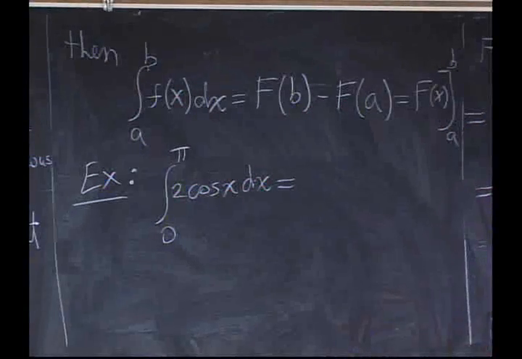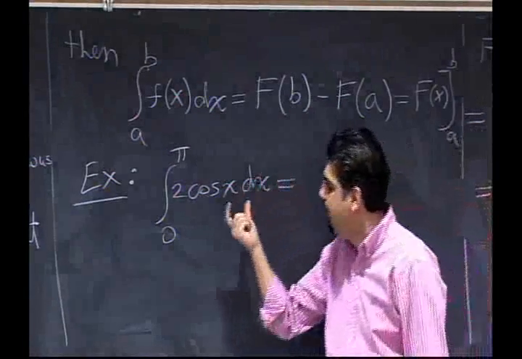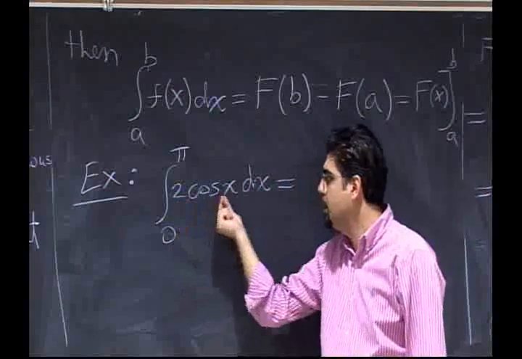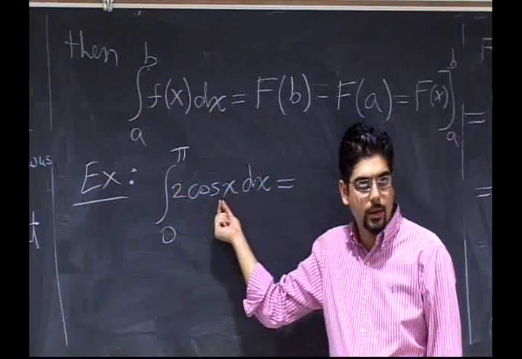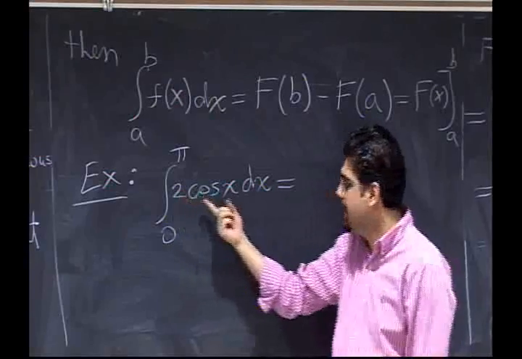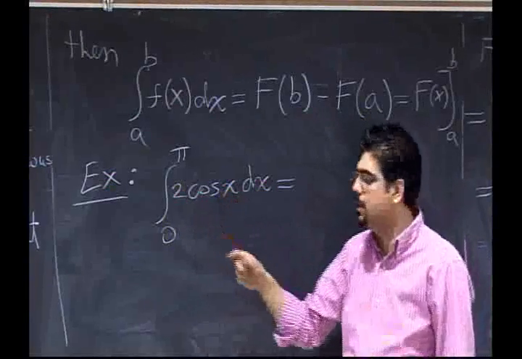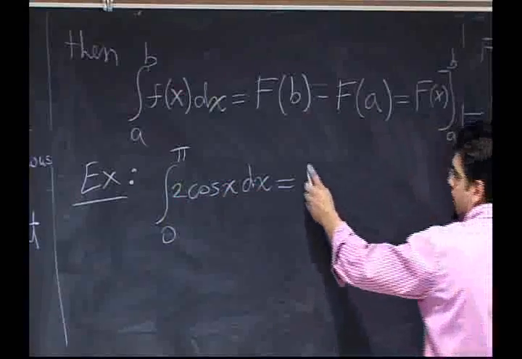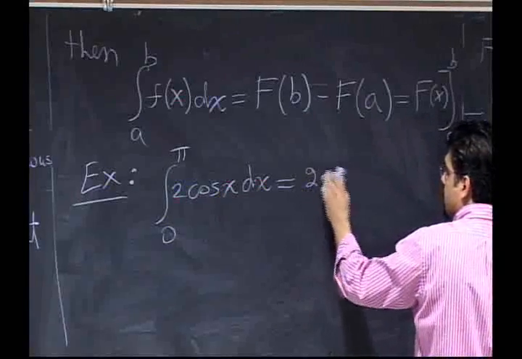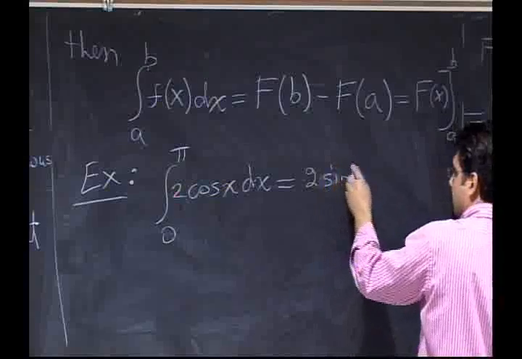Alright? So we have to come up with a function whose derivative is 2 cosine x. But forget the 2 for a second. The derivative of what function is cosine x? Sine x, okay? And of course, constant multiple rule tells us the derivative of 2 sine x is 2 cosine x, right?